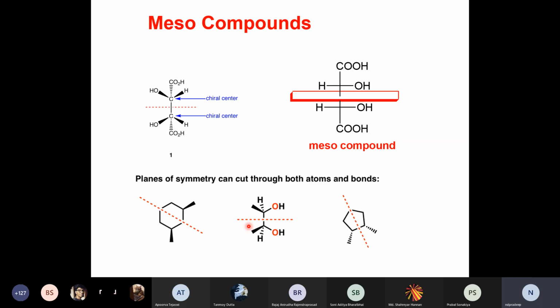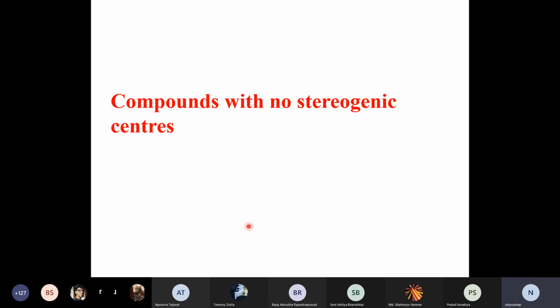Okay. Now this is the important thing which I am going to take in this class. Diastereomers and meso compounds, I think you already know, but it was just for familiarization. This is another important topic: compounds with no stereogenic centers.